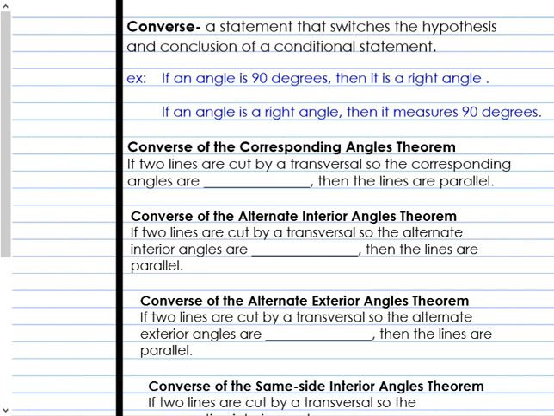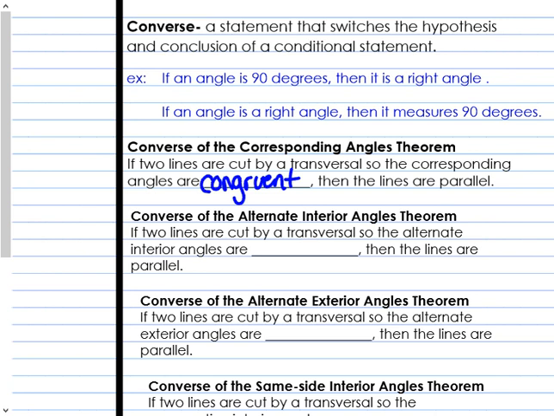We learned last class that if two parallel lines are cut by a transversal, then the corresponding angles are congruent. Well, the converse of that is, if two lines are cut by a transversal and it results in the corresponding angles being congruent, then we can say, oh, those lines must be parallel.